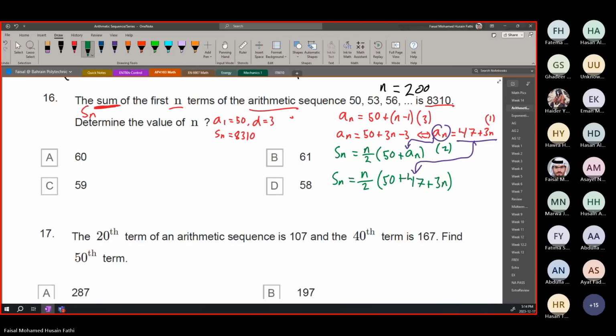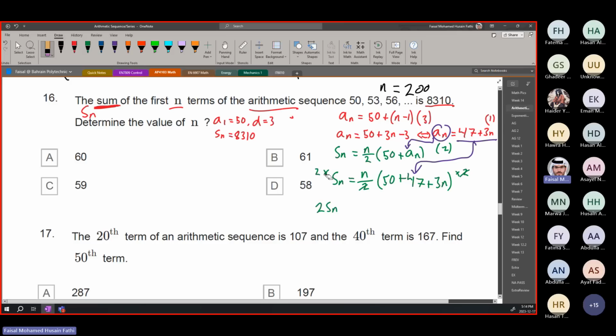Let's simplify by multiplying by 2 on both sides. So the 2 and the 2 will cancel here. We have 2Sn. We already know what Sn is, so let's substitute that value directly.